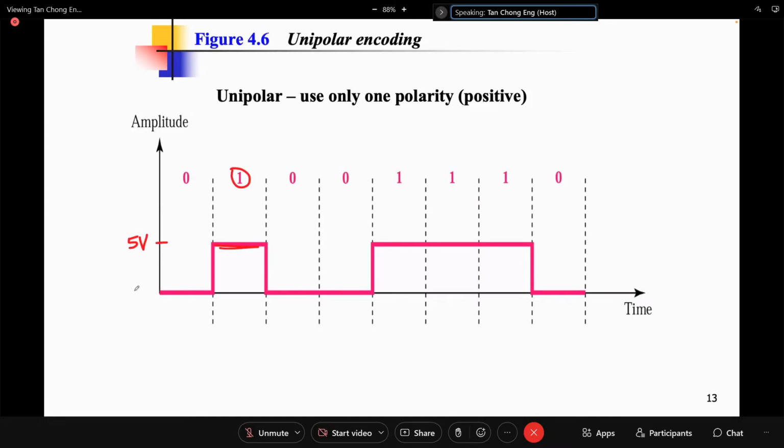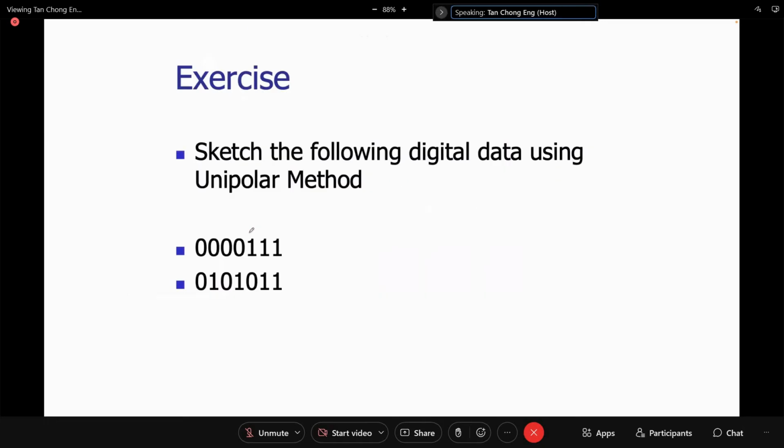And a 0 will get 0 volt, and a 1 will get 5 volt. As simple as that. You don't have negative values because this is unipolar, using one polarity. So you only have 5 or 0. This is probably the simplest type of line coding.